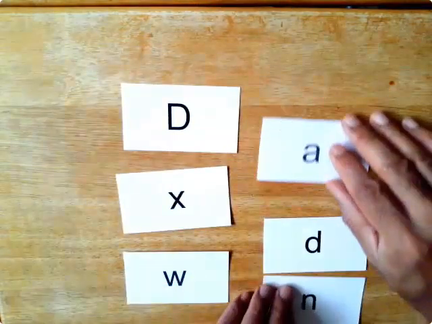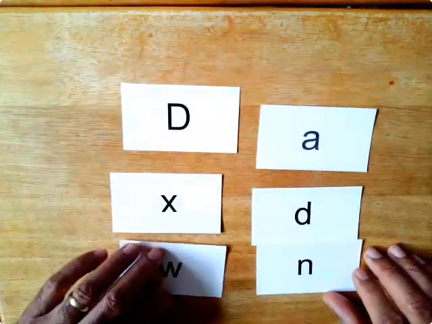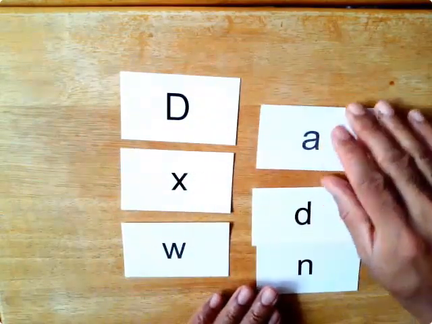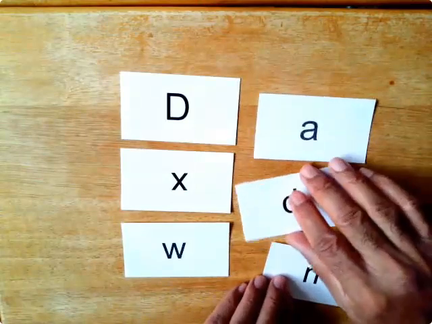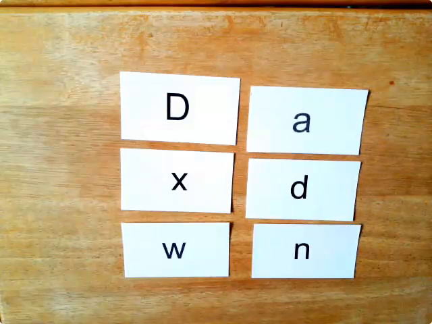So make sure you have these cards out for this lesson. Pause the video until you get them, and remember, you're going to watch and do and learn. And we learn by practicing, right? So get these letters out, and then we will begin our sound and say lesson.